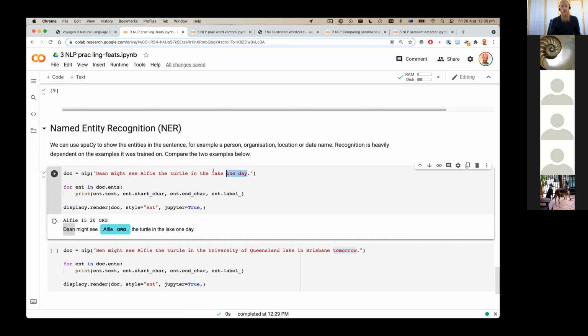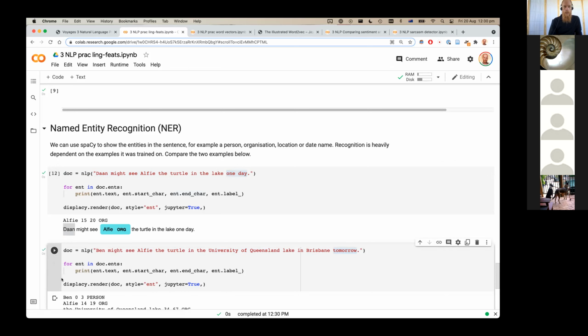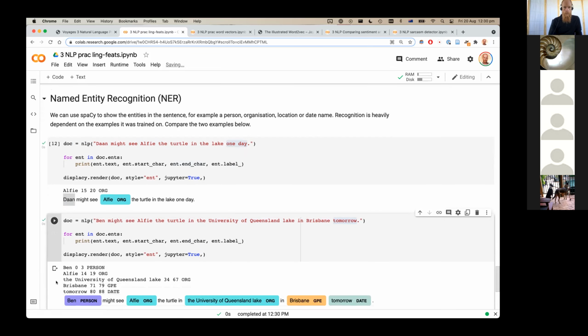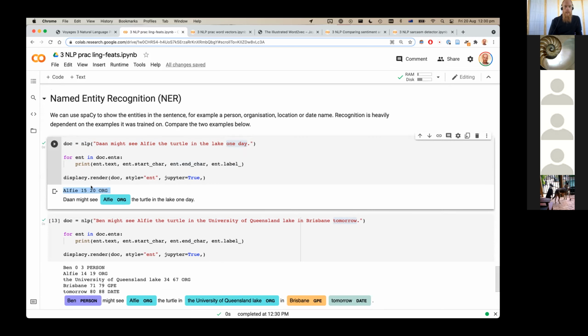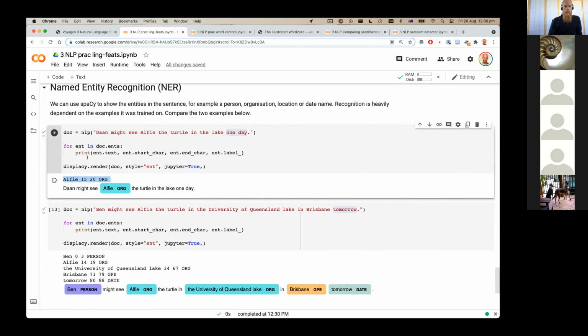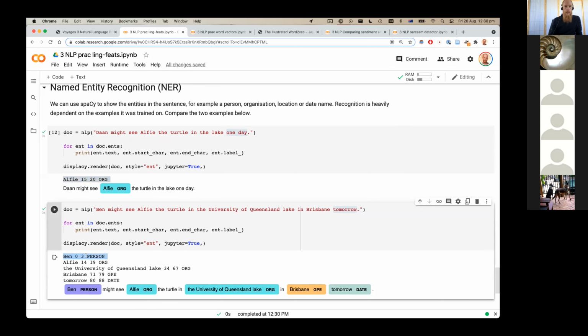So to me, one day is time information, but evidently didn't occur enough in the training examples of spaCy to have been picked up as a label for date time information. So whereas the first sentence only picked up Alfie as a named entity, the second example has a few.